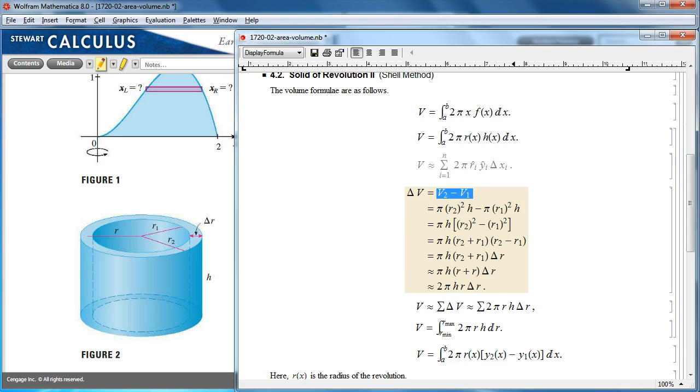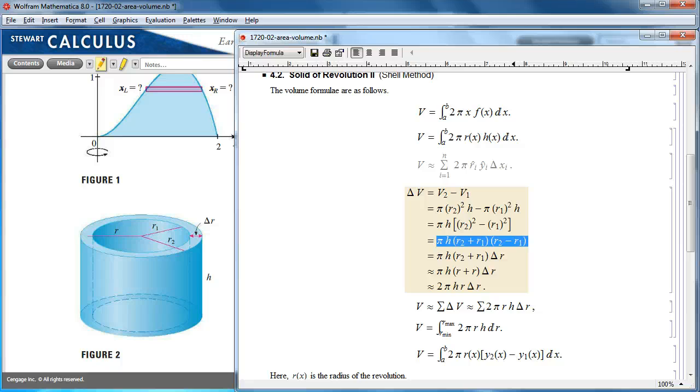Now, what is the volume formula of a cylinder? It's pi r squared h, but the radius for V2 is r2, so r2 squared, and the radius for V1 is r1, so we have r1 squared. Some algebraic manipulation: we take pi h outside, and what do you have left? r2 squared minus r1 squared. Now, let us factor this further. A squared minus B squared is (A plus B) times (A minus B). So we can express it like this: (r2 plus r1) times (r2 minus r1).